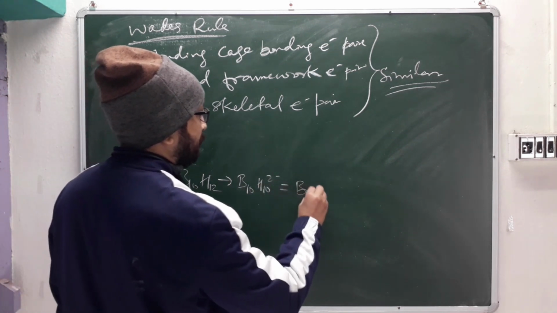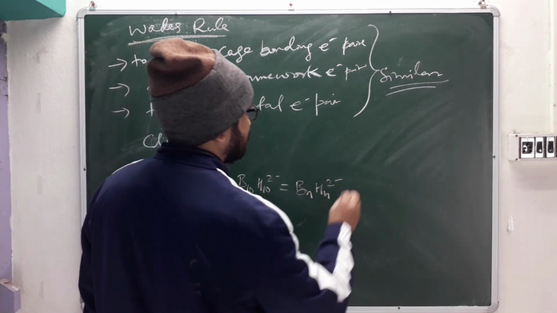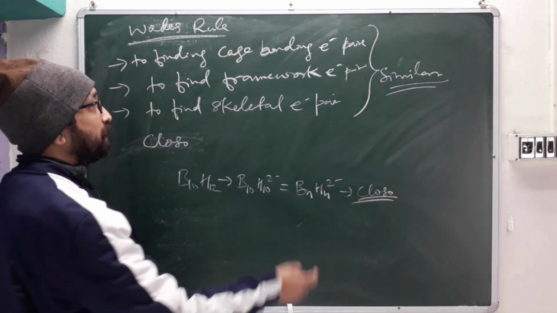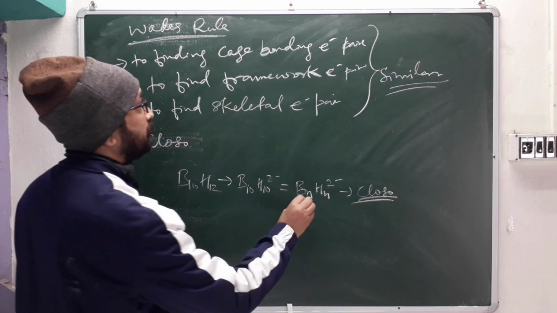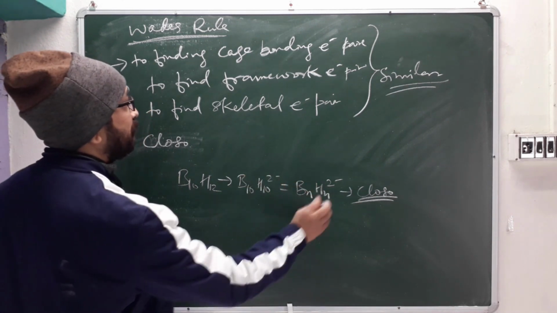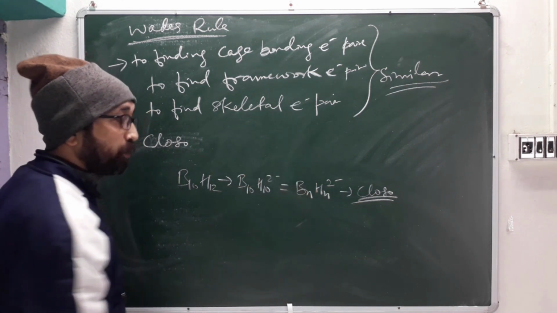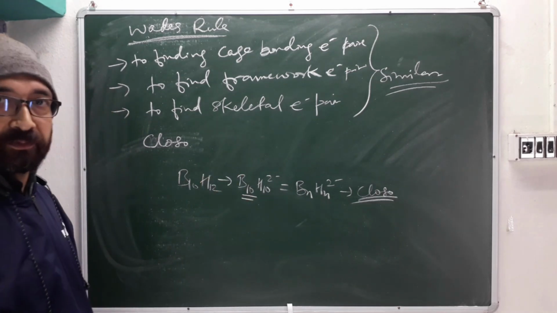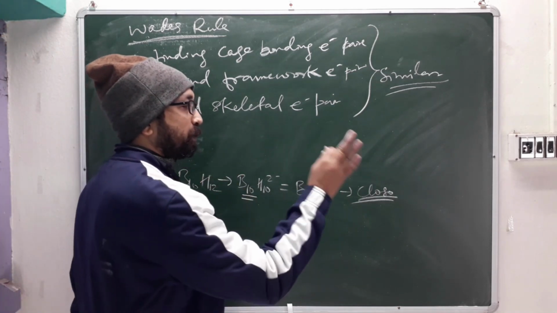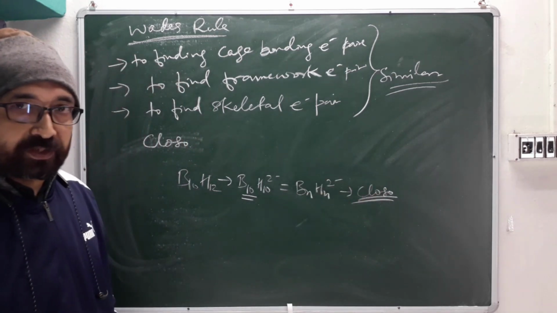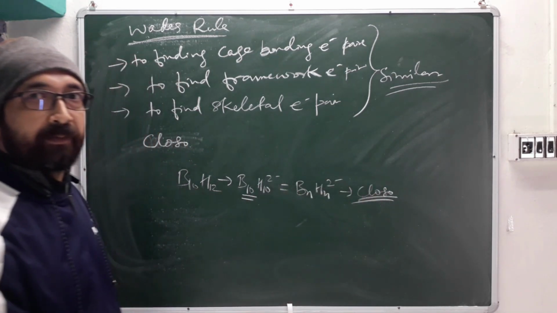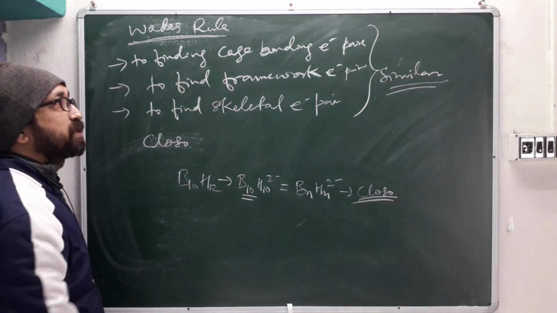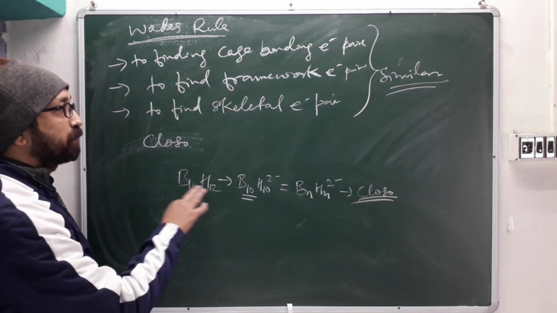So it will be BnHn 2 minus, and you write that this is closo. Now the next question is what the cage bonding electron pair, framework electron pair or skeletal electron pair is. Now you know the vertices also. You can calculate the vertices and state the geometry, and then the next question is how many cage bonding electrons there are. So how are you going to calculate this?